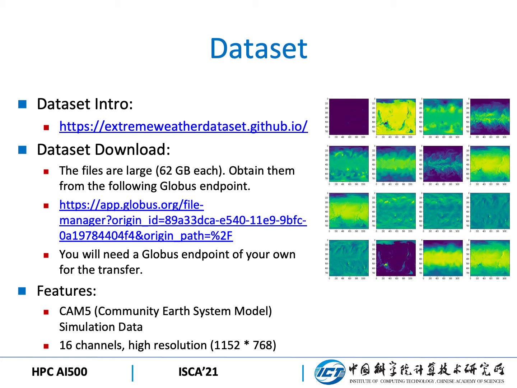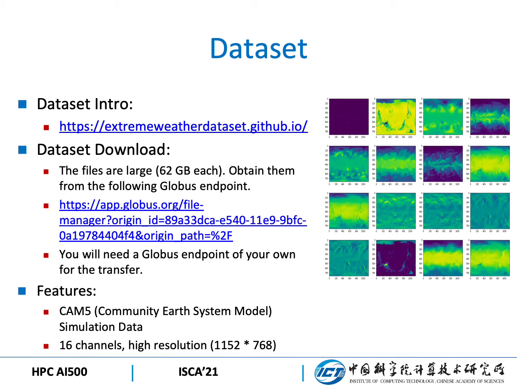These channels are quite different from commercial datasets such as ImageNet, as they include much physical information instead of visual information, such as surface pressure and temperature, as shown in the right figure.